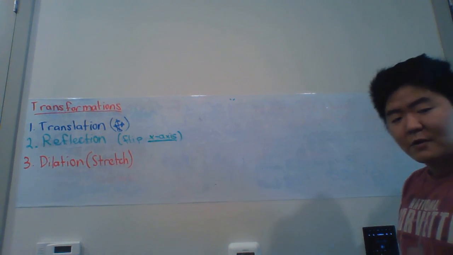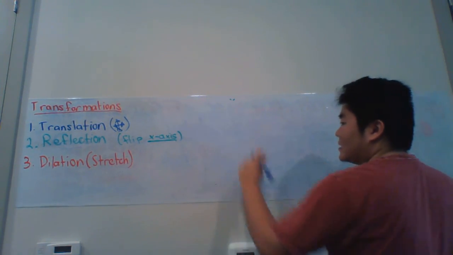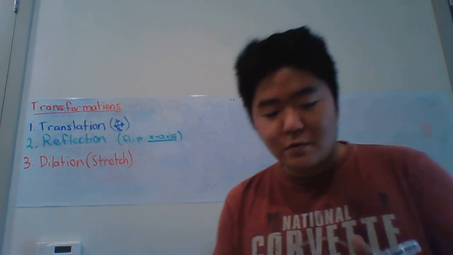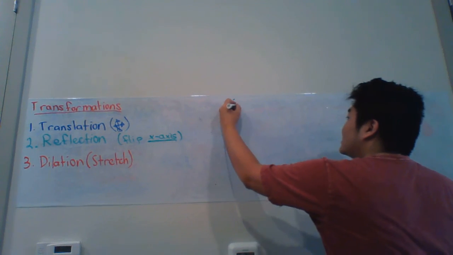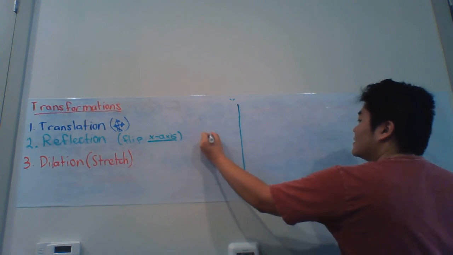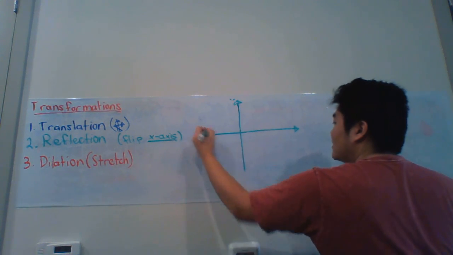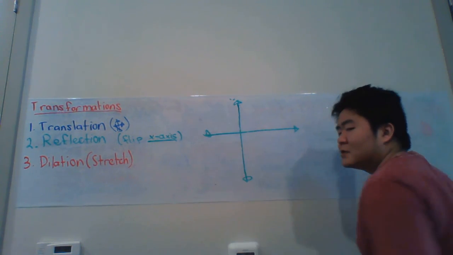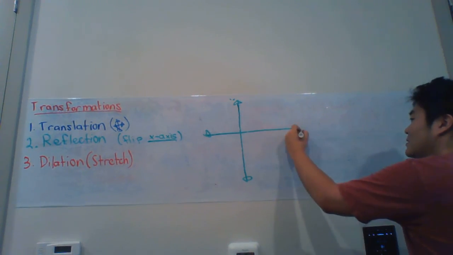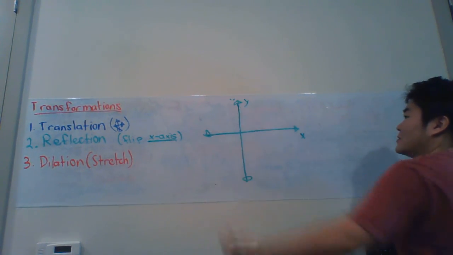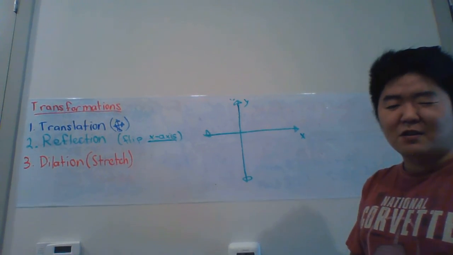So that'll help me draw my reflections. We're on reflection, so we're still using the green marker. So I've got my coordinate plane going. This is a little extra for those of you who are just curious about reflections. And you'll see this a little bit more in geometry. So that's where I'm trying to get us to go.